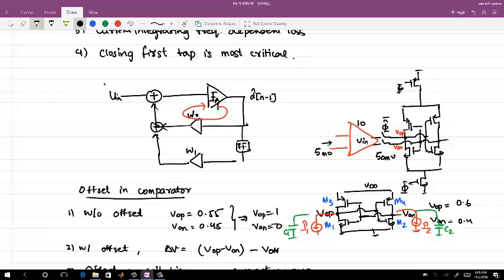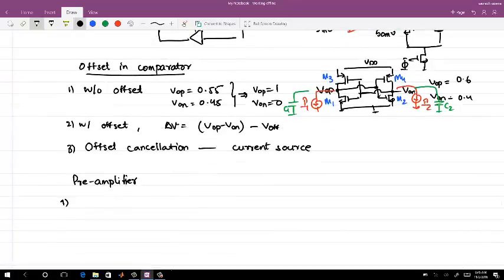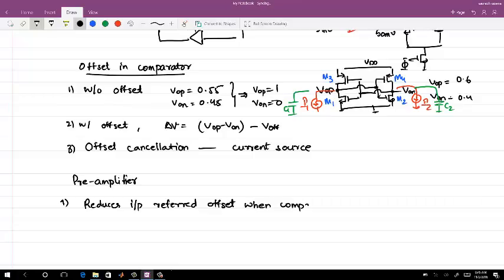So the preamplifier also reduces the input referred offset when compared with the summing node output.